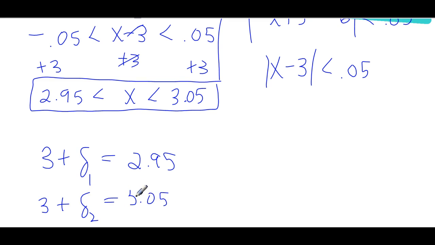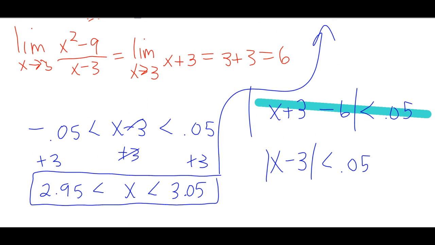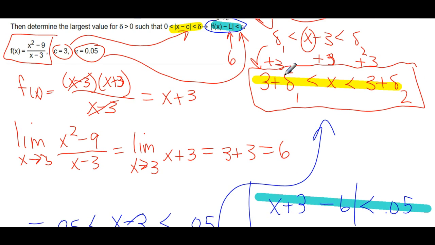Now in this case, if you solve for both of these, oops, I'm sorry, this should be 3 minus delta 1. This one again is the opposite of the other, so this is below. This should be a minus, I apologize.